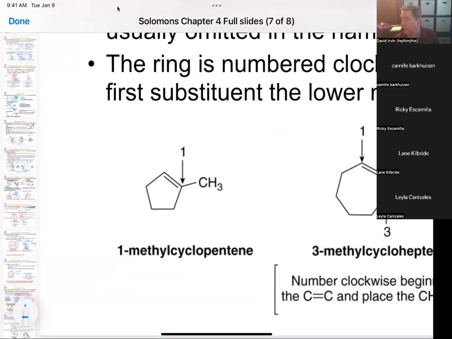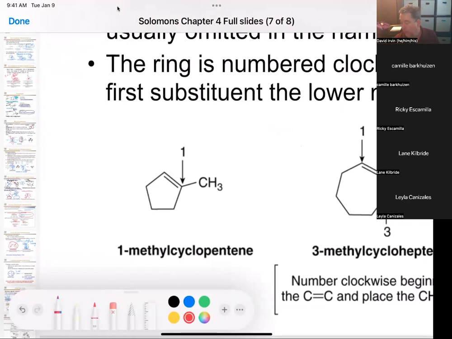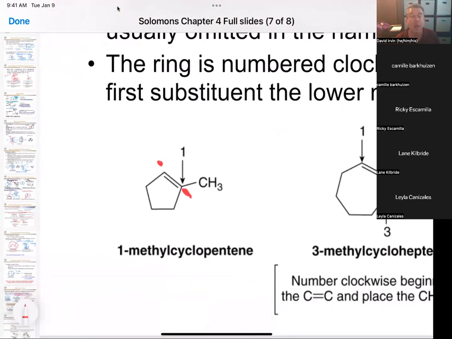In this case here, we have a carbon right here and a carbon right here. Both of those carbons have to be in our system. So now we have cyclopentene. We have 5 carbons, we have an alkene, we have a ring. So we have cyclopentene.